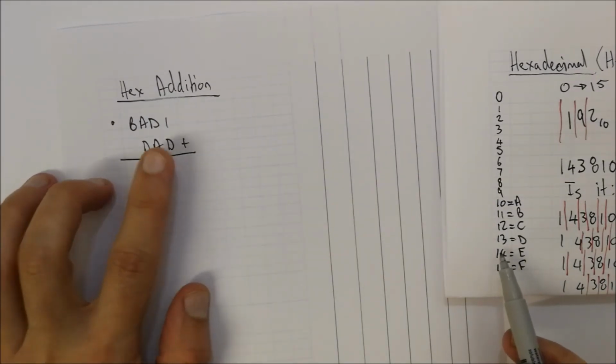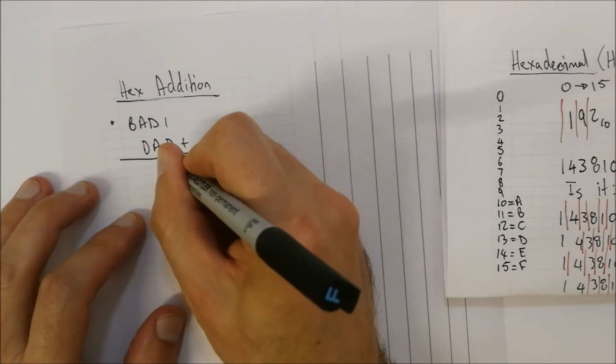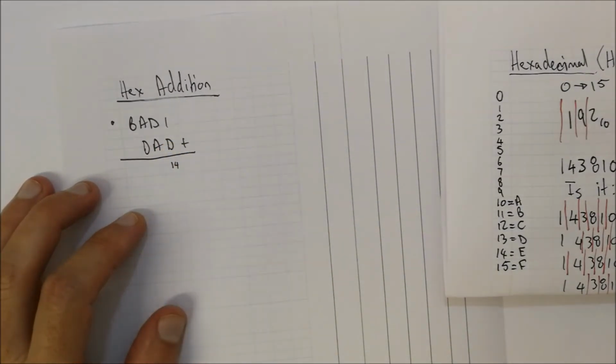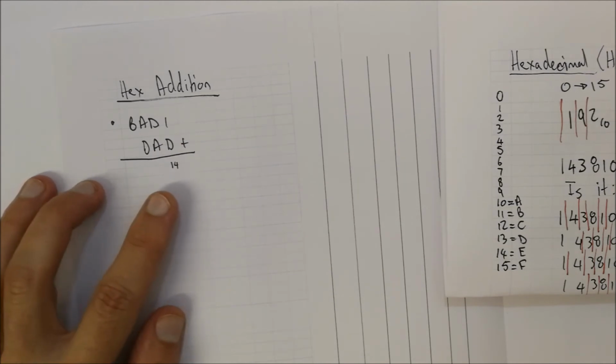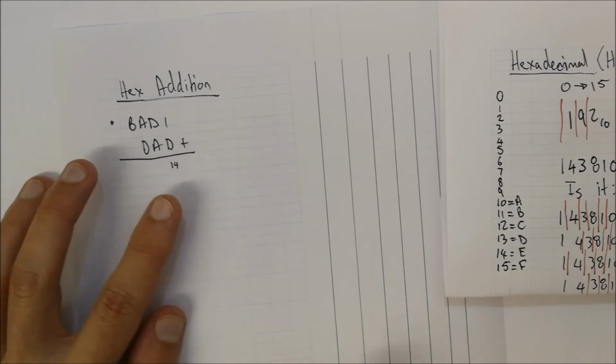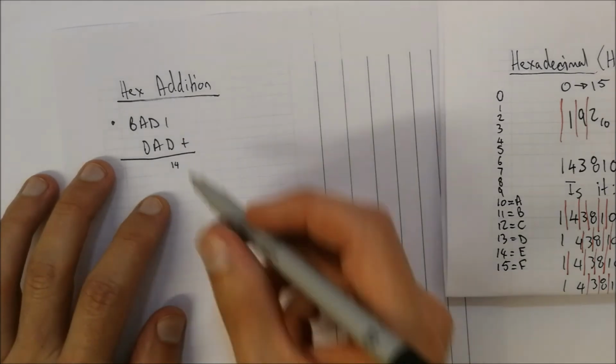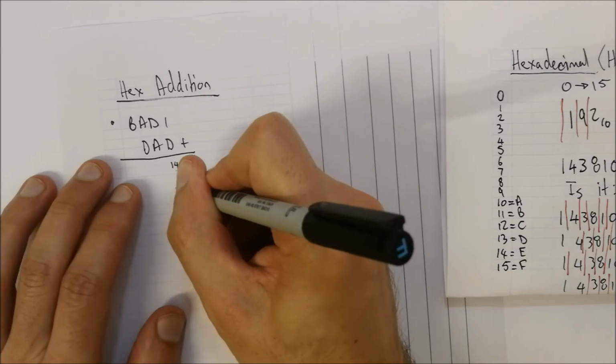So 13 plus 1 is equal to 14. I'm going to place a little 14 underneath. Is 14 larger than 16? No, it's not, so there's no carrying over that we need to do. But 14 is equal to E, so we need to replace that with an E.